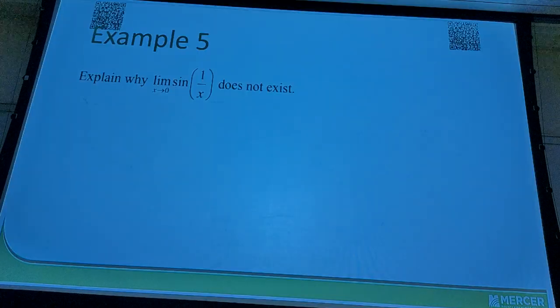Look at this one. The limit as x approaches 0 of sine of 1 over x. We examined that and concluded it didn't exist. Now we get to explain why. Let's take epsilon to be a half.